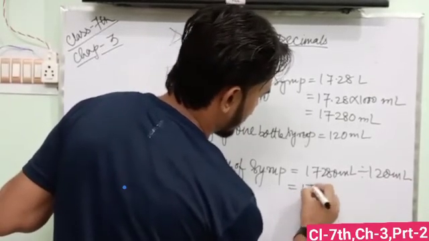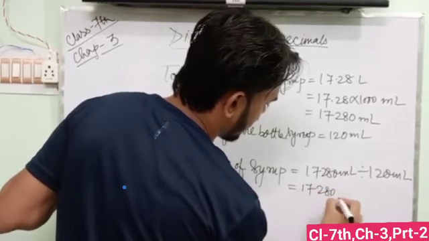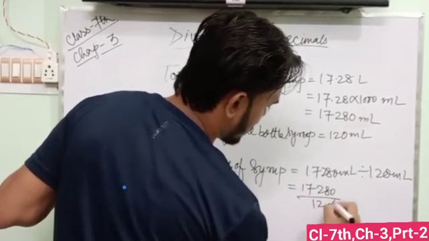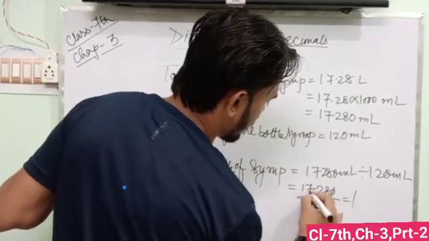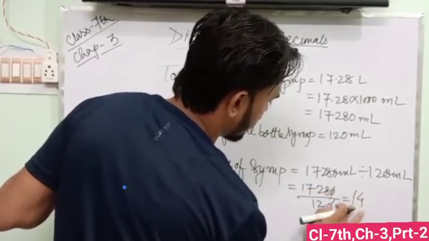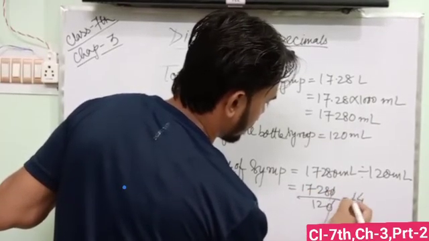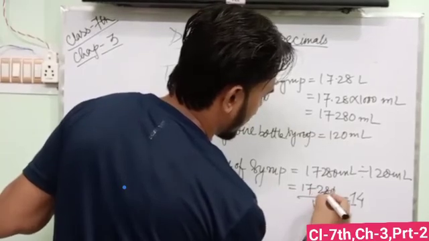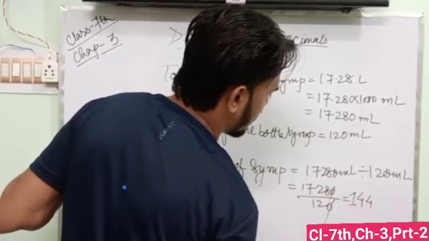Then you can divide: 0 to 0. 12 ones are 12, 12 fours are 48, 12 fours are 48, so the answer is 144.